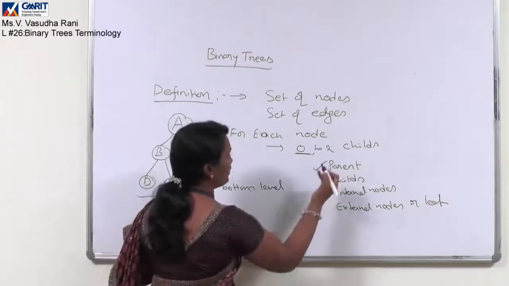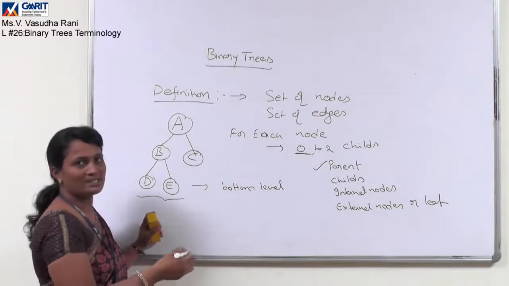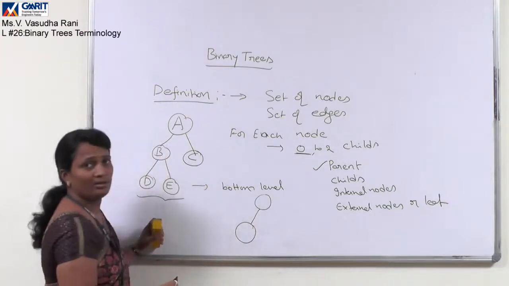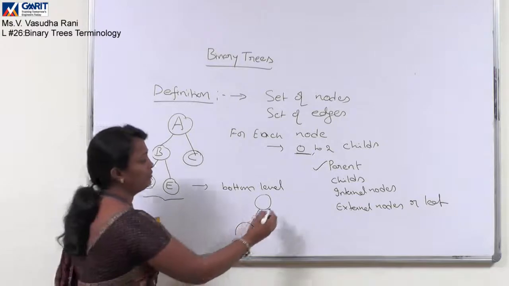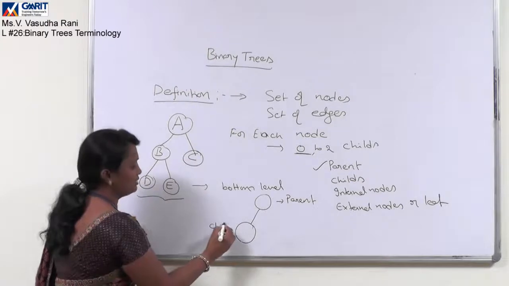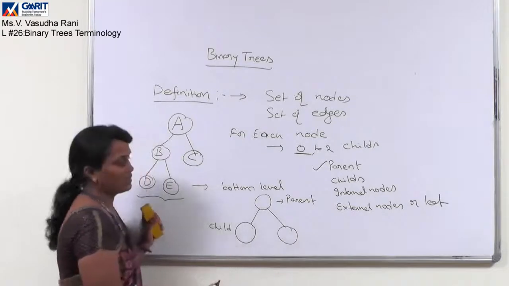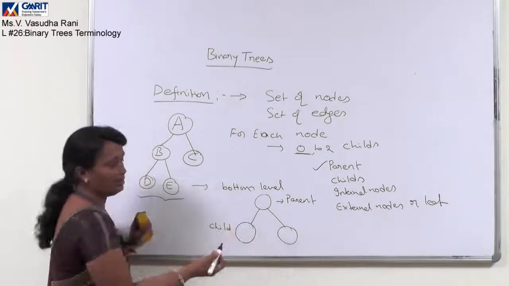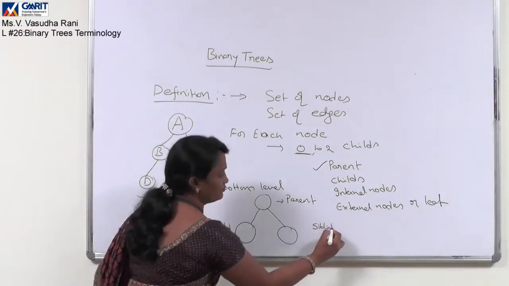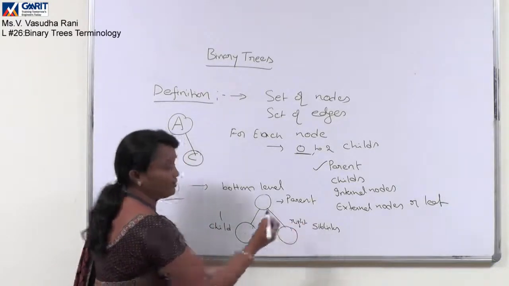And coming to the parent, from a node, if another node is connected through its edge at the level below, then that particular node is called a parent node and this is called a child node. And if 2 childs have the same parent, then those 2 childs are called siblings. And this is the left child, this is the right child.